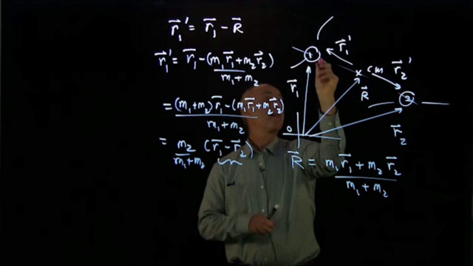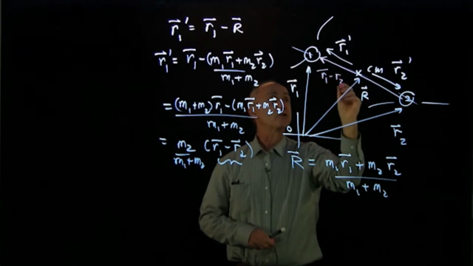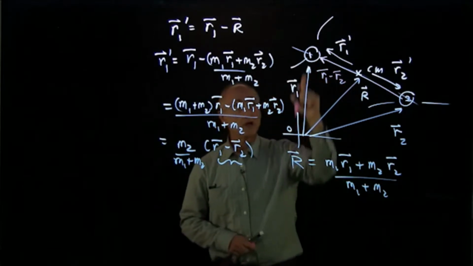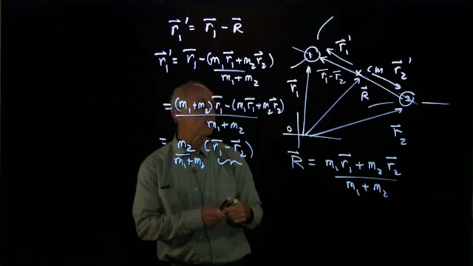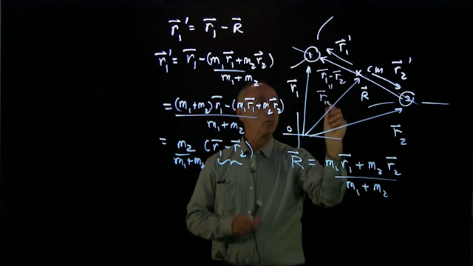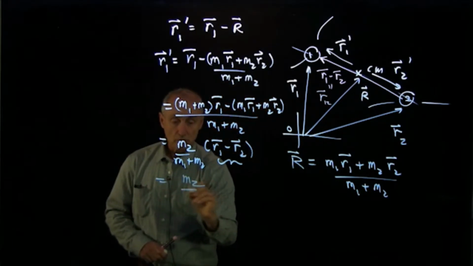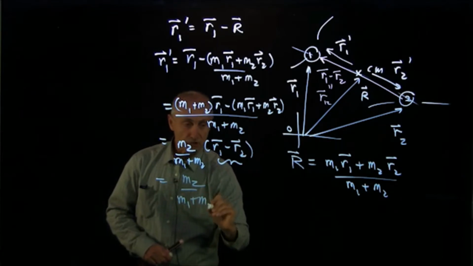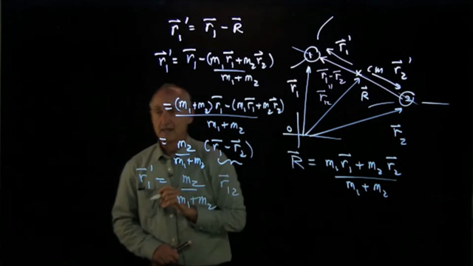So the vector R1 minus R2 is the relative position of vector 1 with respect to 2. And let's give that a special name. We'll call that R12, the relative position vector. So we have m2 over m1 plus m2 times R12 is R1 prime.